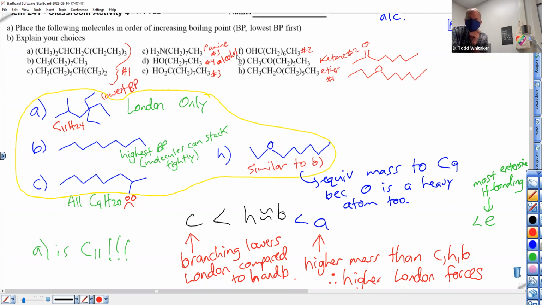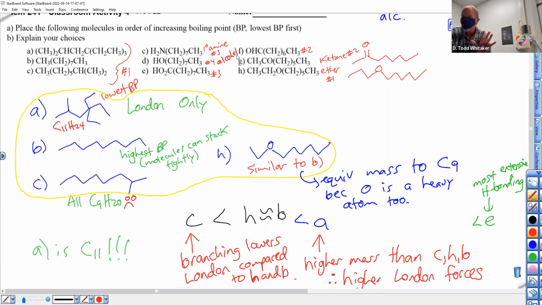And ladies and gentlemen, it's not even close. The electronegativity of oxygen is a lot higher, 3.5 versus 3.0. So I know the amine, you're tempted to say, there's got to be more hydrogen bonding for the amine. It's got two H's that can hydrogen bond. You can think that, that's a good thought. But each of those hydrogen bonds is less than half the strength of any alcohol hydrogen bond.